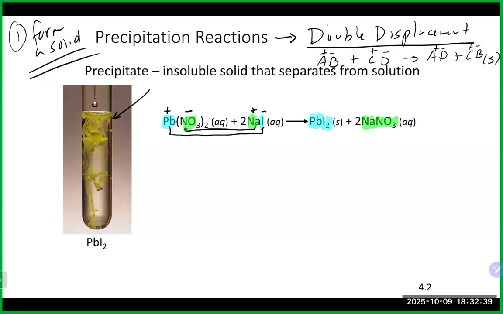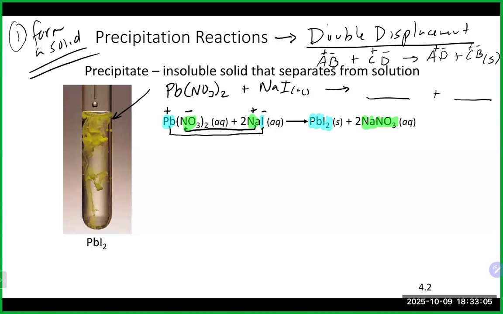Now, let's talk about a couple things before we get into what's going on here. Let's talk about common errors that people make, which is if we have this and we know it's going to react with this, and now we want to predict what we're going to get on this side of the arrow. So maybe this side of the arrow is not given to us.